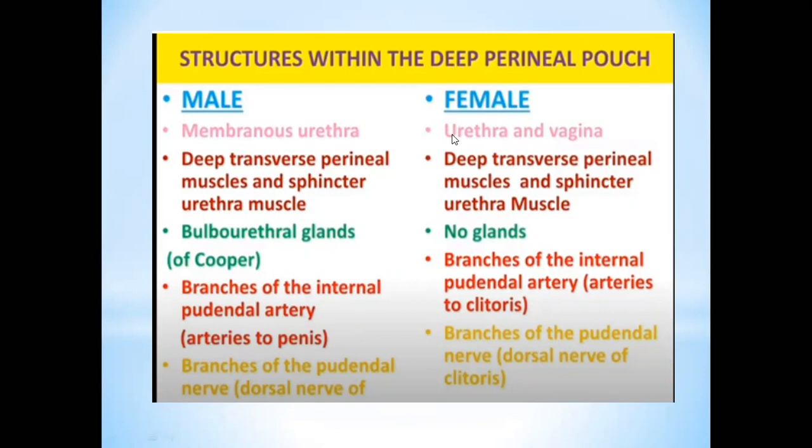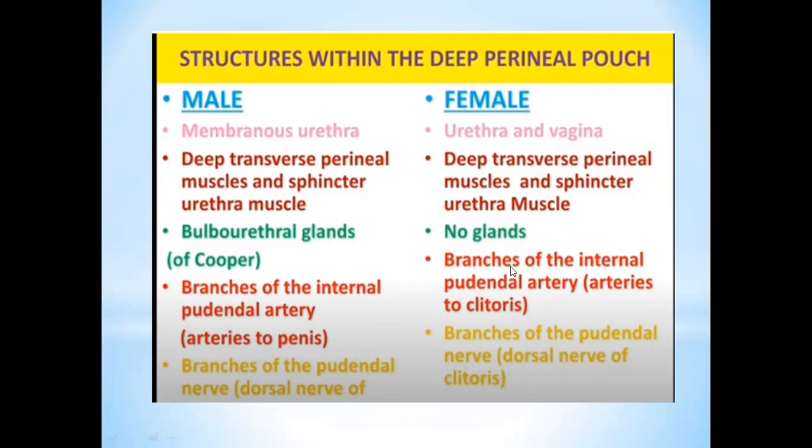In females, we have not only the urethra but also the vagina. So if you are asked the anatomical position of the vagina, the correct answer is the deep perineal pouch. It has similar muscles, the deep transverse perineal muscle and sphincter urethrae muscle. In males there are bulbourethral glands, but in females no glands are present.